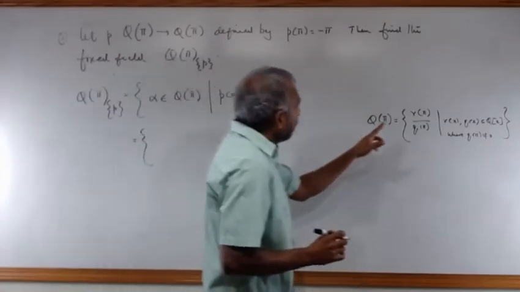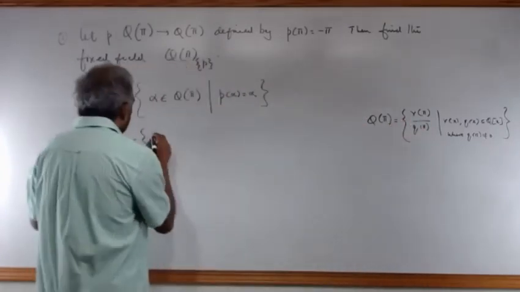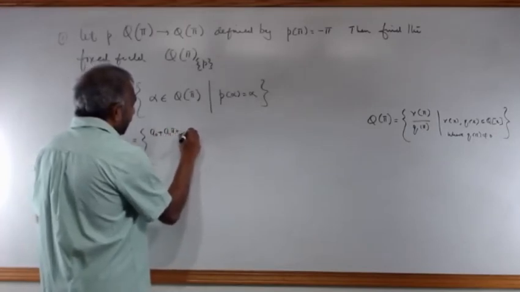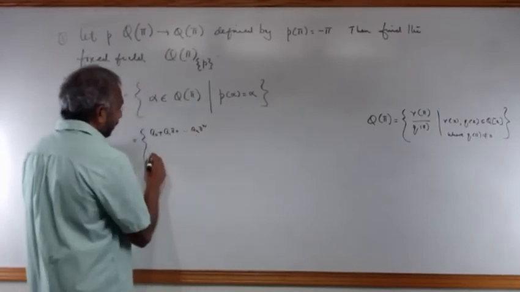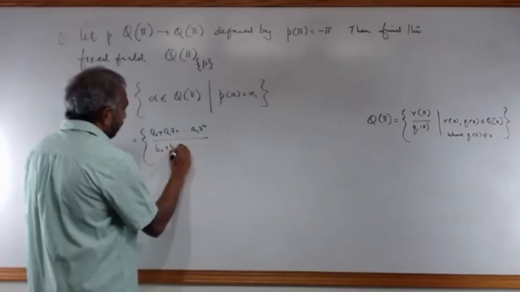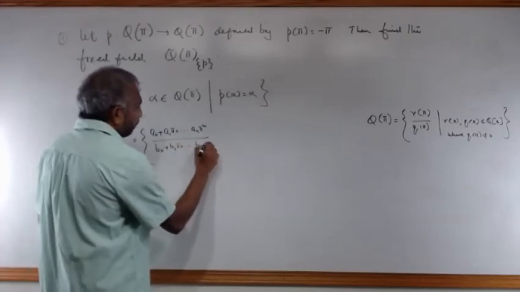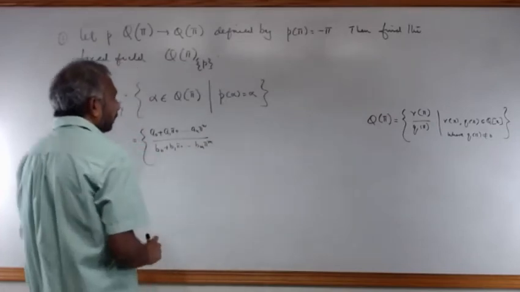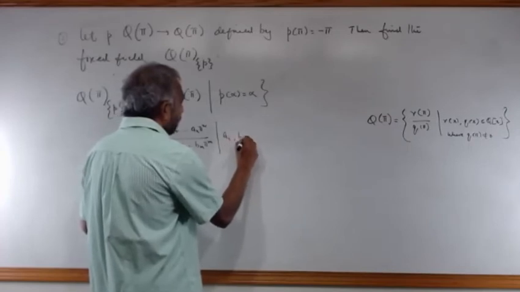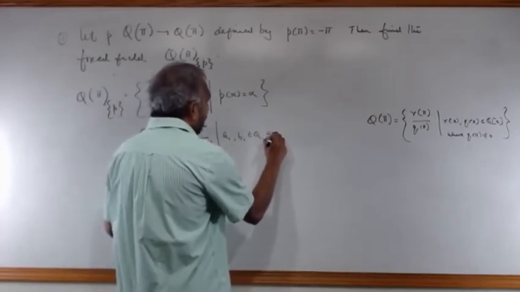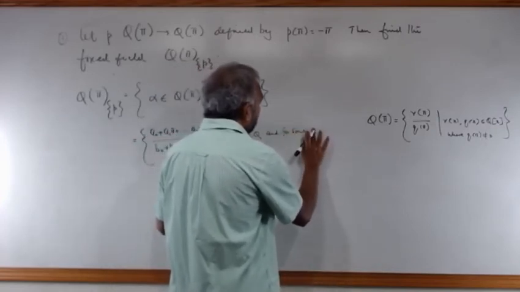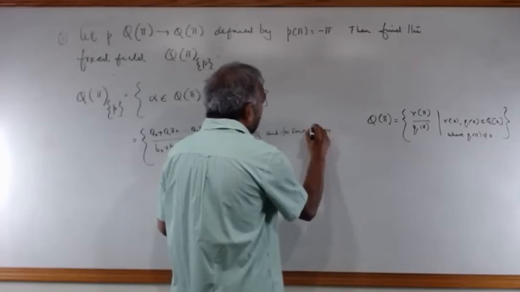So this is actually equal to, instead of R of pi, what I'm going to write here is a0 plus a1 pi plus dash dash an pi to the power of n divided by b0 plus b1 pi plus dash dash bm pi to the power of m, where ai's and bi's belong to Q, and for some integers m and n.